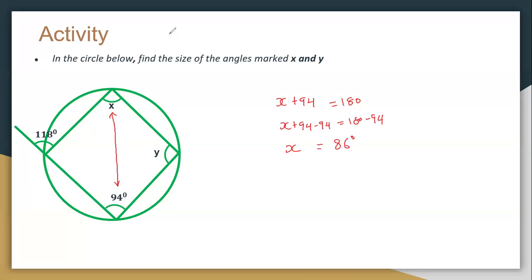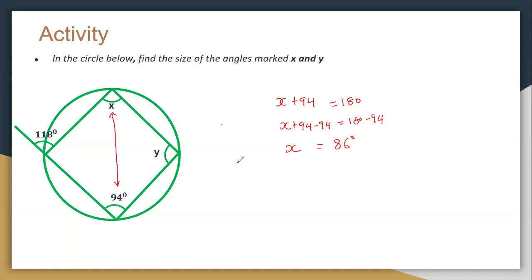Okay. Thank you, Patricia. Yes, Jonah. Under the cyclic quadrilateral, we have a property that states that the exterior angle of a cyclic quadrilateral is equal to the interior opposite angle.